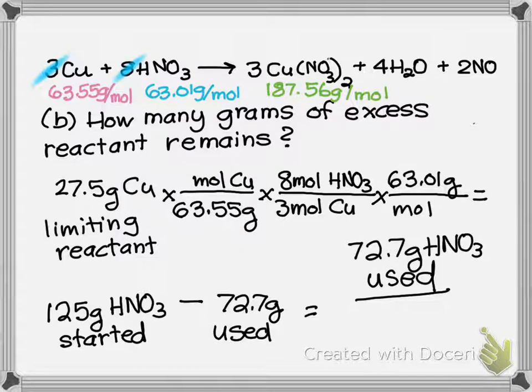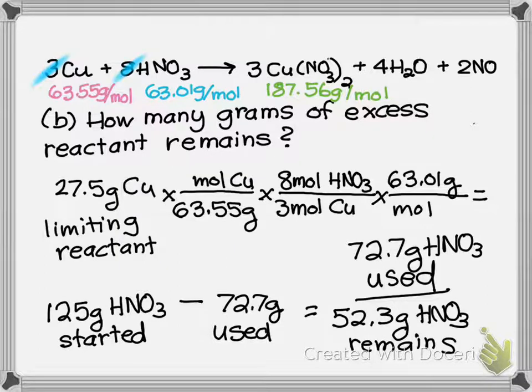If I subtract those two numbers, 125 minus 72.7, I would get 52.3 grams of HNO3 remaining. And if I'm doing significant figures, since it's subtracting, I probably could just write 52 grams since I only had 125 to start with. So about 52 grams of the nitric acid remains.